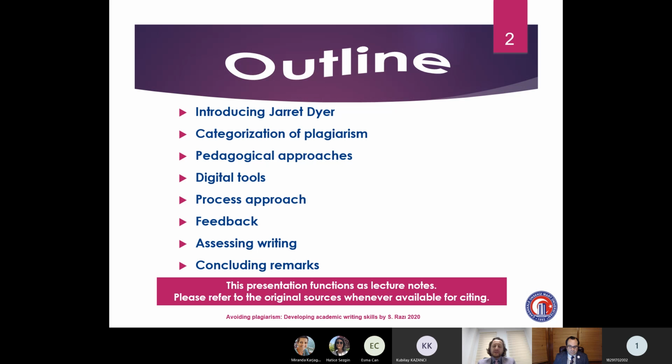And then we will consider several other factors having influence on our approaches towards both teaching writing and assessing writing. I'd like to especially focus on feedback exchange, either peer feedback or teacher feedback, especially considering Jarret's experience in testing. We would like to focus more on the testing aspect with Jarret because he's quite experienced in this.